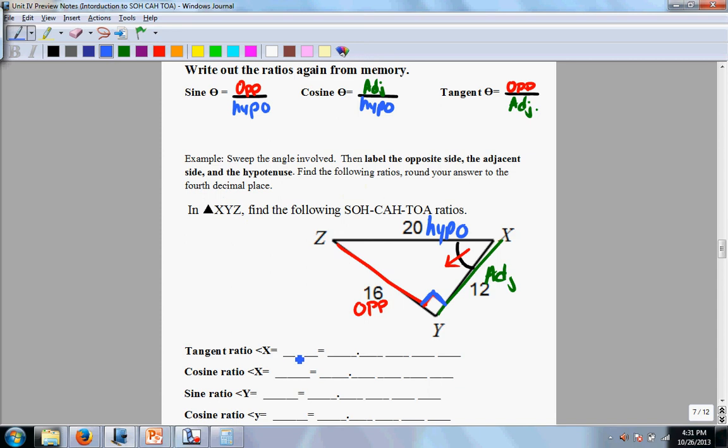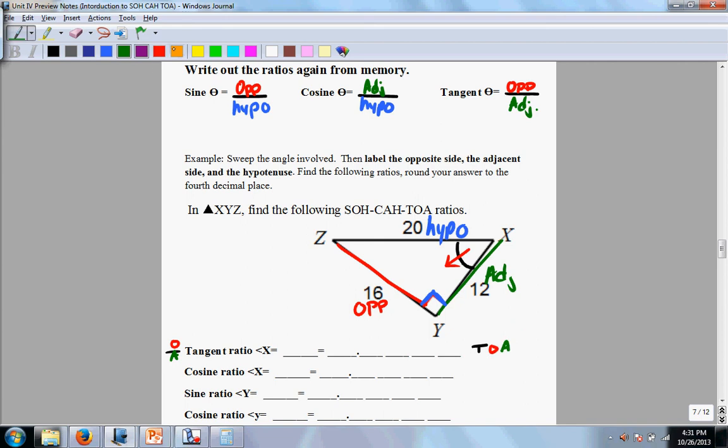So for the tangent ratio, tangent is going to be opposite over adjacent. Write that in the margin, just as a quick hint, opposite over adjacent. Or you can write it like this, tangent ratio equals opposite over adjacent, which is TOA.